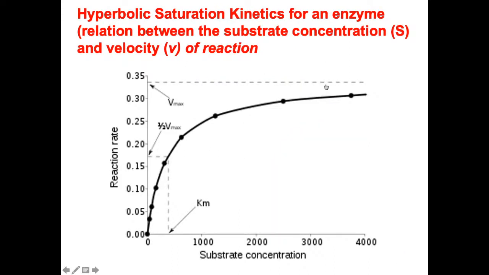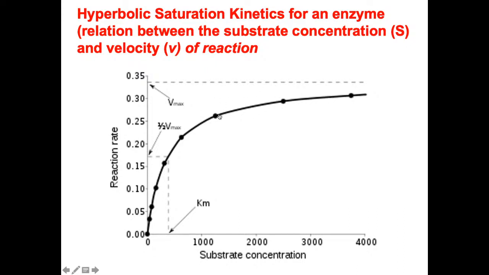Then there is hyperbolic saturation. This is the kinetics of the relation between substrate concentration and velocity of reaction, with reaction rate on the y-axis and substrate concentration on the x-axis. It moves from 0 and goes up and up until it starts to reach the saturation point.